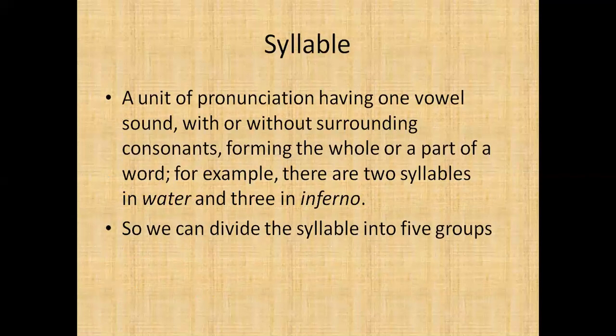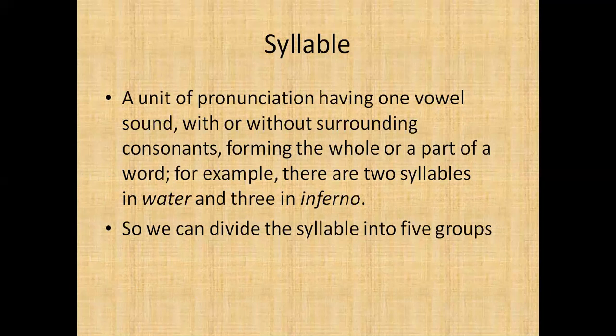A syllable is a unit of pronunciation having one vowel sound. In a word, there may be many such units. A syllable is a unit of pronunciation having one vowel sound, with or without surrounding consonants.